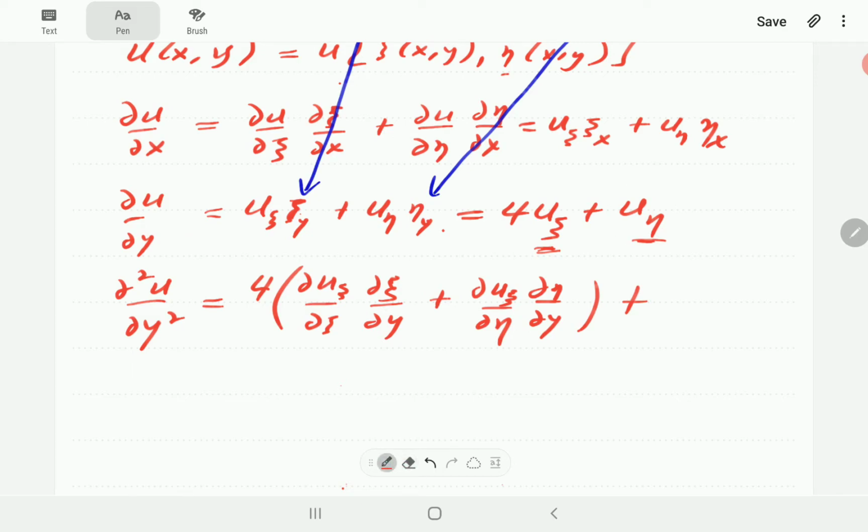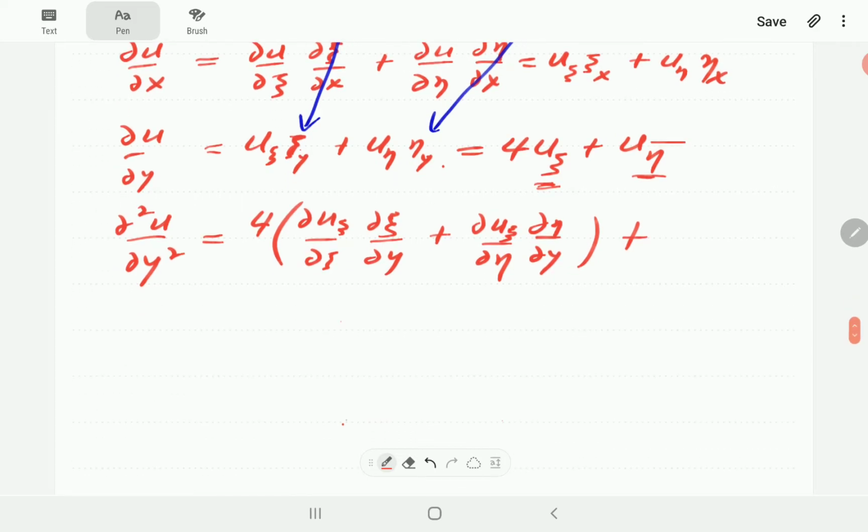Then we're going to do the same with this term. You can see that it's this term because we've got u xi here. Okay, so then we do the same thing with this one. So it's going to be partial u eta partial xi y, partial u eta partial eta partial y.